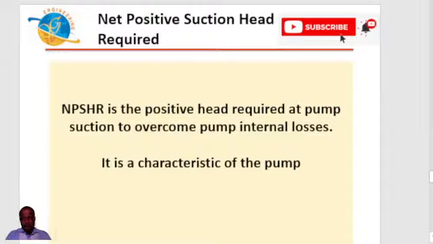So for cavitation-free operation, the NPSHA obtained as a characteristic of your system must be equal to or exceed the NPSHR, which is determined by tests at various capacities for a particular pump by the pump vendor. So for cavitation-free operation, your NPSHA, the net positive suction head available, must exceed the net positive suction head required at the desired capacity.